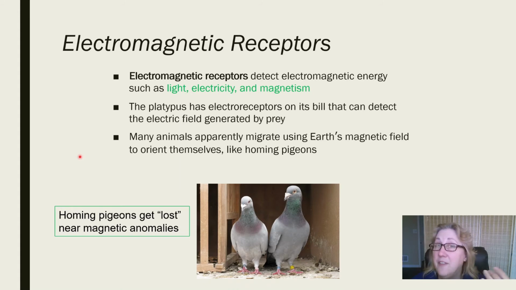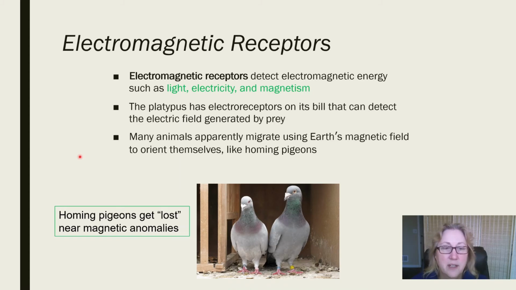And there are a lot of fish that do this as well, including sharks, can detect the electrical signal made by other organisms' nervous systems and use that to find them and bite them, even in very murky or dark conditions.